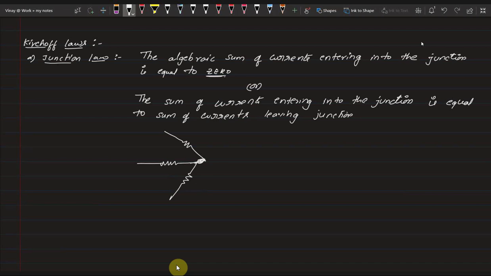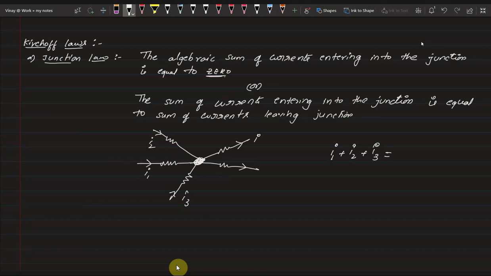So if I take some resistors like this, these are the resistors. Now current through this resistor is I1, current through the resistor is I2, current through this resistor is I3, and this is the junction. So sum of currents entering into the junction is I1 plus I2 plus I3, which is equal to sum of currents leaving the junction.